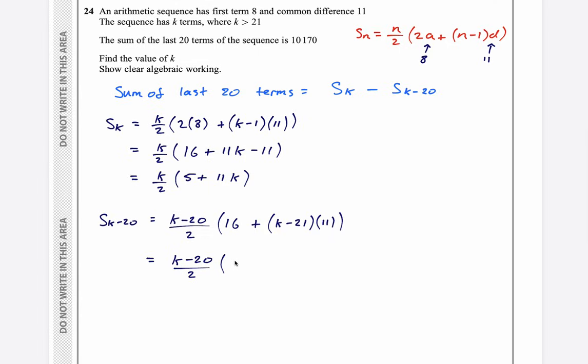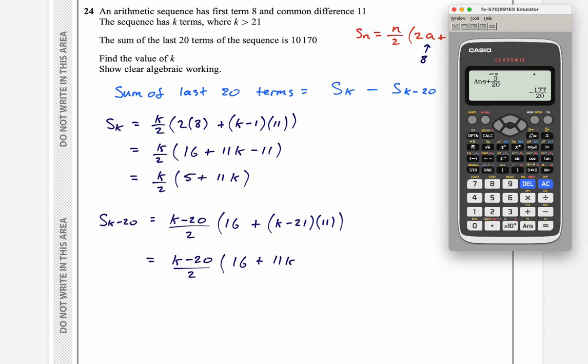Simplify this. 16 plus 11 times k is 11k. And now I have minus 21 times 11. This, guys, I need to do it with my calculator. 21 times 11, 231.